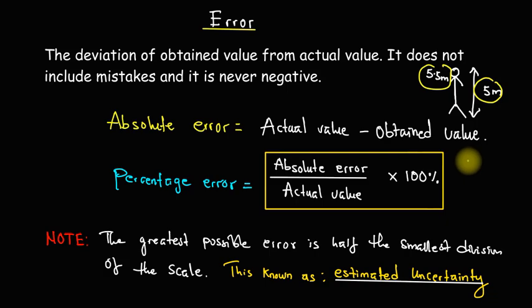Now the percentage error will be the absolute error all over the actual value. So what is the absolute error? The absolute error is 0.5 all over the actual value, which is 5.5. That's the actual height of the boy, but we measured it as 5 meters, so we made a slight error of 0.5, and so the percentage error is going to be 0.5 all over the actual value times 100, and whatever we get here is our answer.